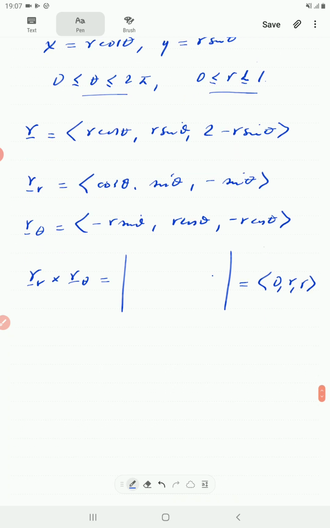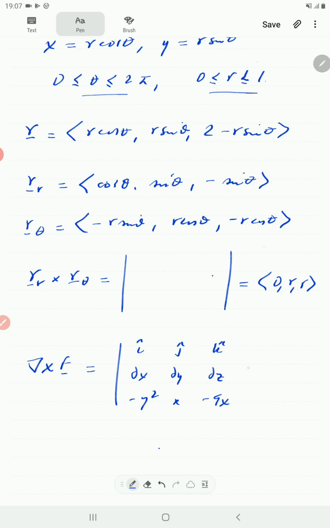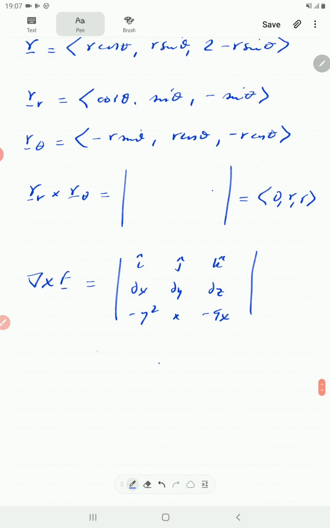Okay, so then the other part of the integral is the curl of f. So we're going to have to do the curl of f. We can do that in terms of Cartesian coordinates. Then once we've got the curl, we are going to convert to polar, or those parametric coordinates.